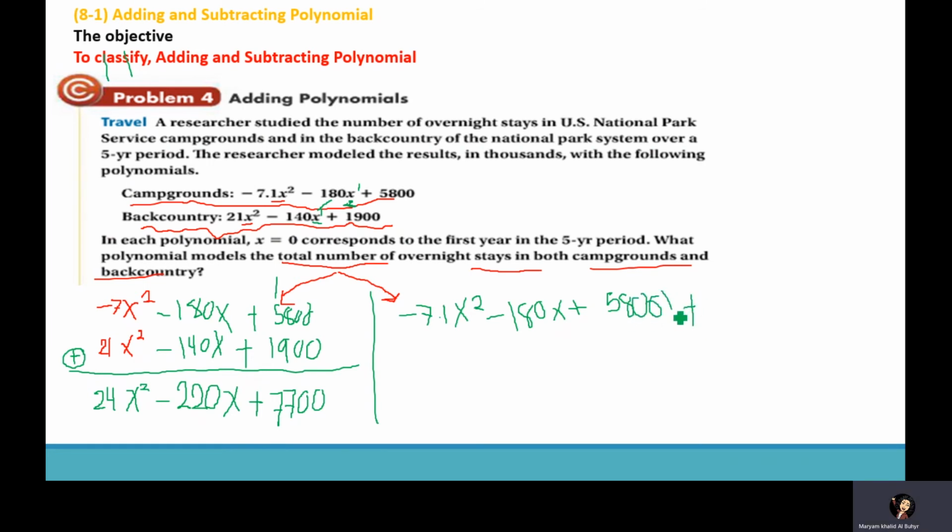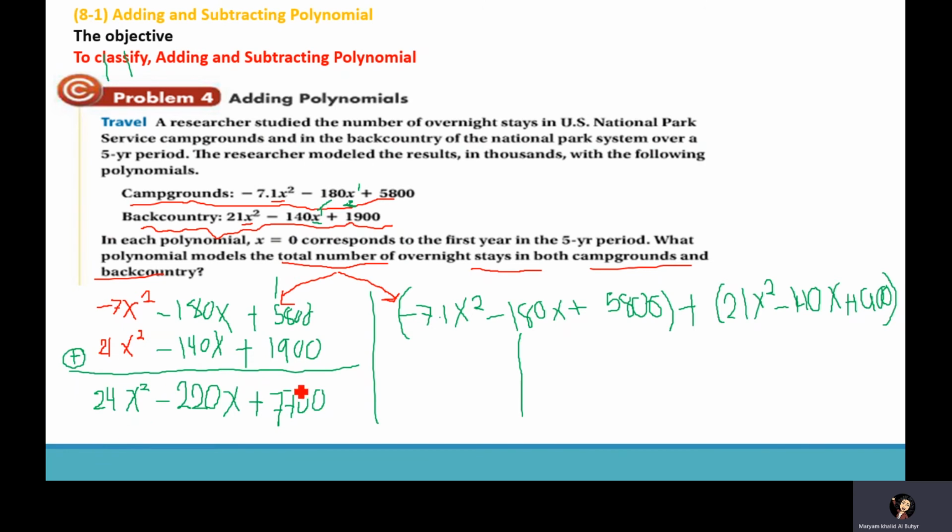You need to add this polynomial with the other polynomial, 21 x to the power 2 minus 140 x plus 1900. You might see them like this. Don't be scared. You should not write them like this. It's up to you. You just need to focus on the like terms. This is the most important thing that you should focus on.